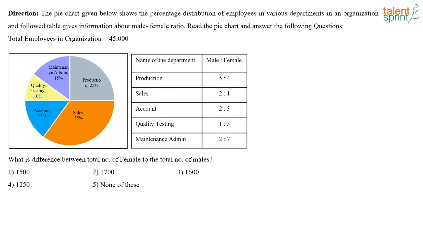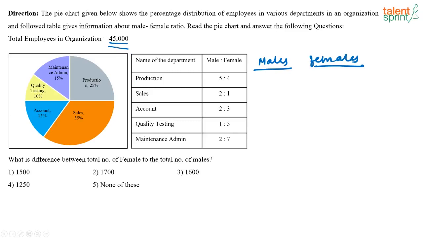Okay, so now what is given here? What is the difference between the total number of females and the total number of males? In each department you have to find out how many females are there, how many males are there. In this production department, how many males, how many females. Similarly, for each department you have to find out. Now totally, how will you find that out? Totally 45,000 people are there.